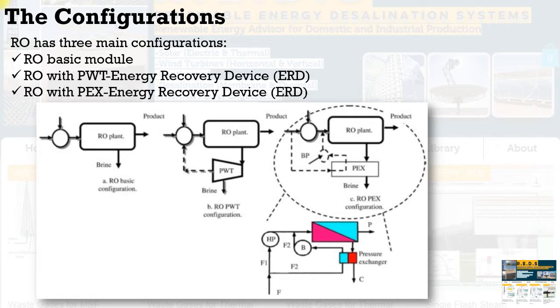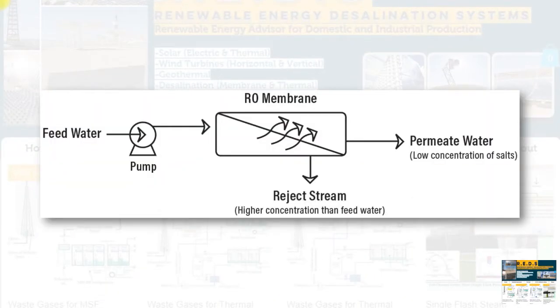The basic module is, of course, without energy recovery, and after that we have built-in energy recovery devices, and the pressure exchanger energy recovery device, which is currently widely used with reverse osmosis because it can reduce specific power consumption, plant costs, and running costs, and so on. This is the basic module.